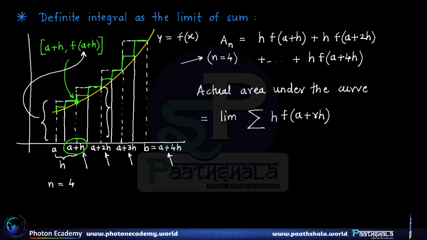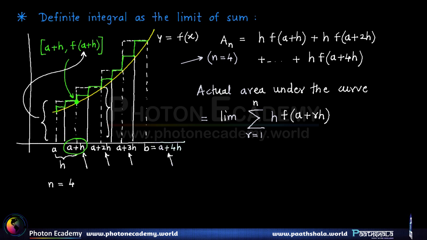So if we are talking about n rectangles, then r must vary from 1 to n, and we are taking the limit as this n itself becomes bigger and bigger and approaches infinity, isn't it? So that's the way to calculate the area under the curve.